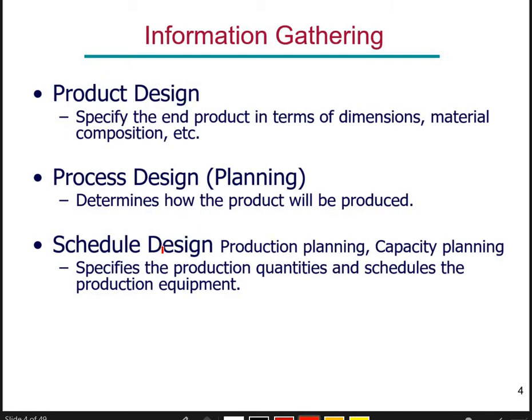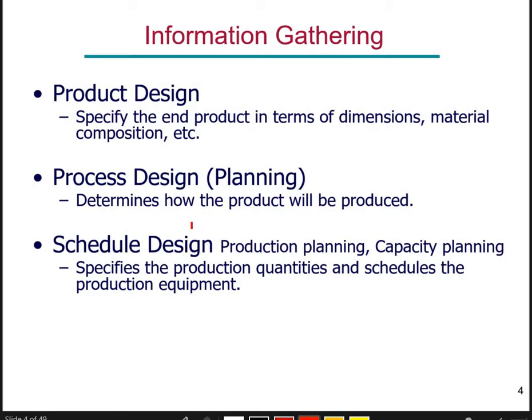these product, process, and schedule designs are actually necessary operations for a healthy manufacturing system. They are not only necessary for facilities design, they are necessary for making this production. But we will be approaching these product, process, and schedule designs from the viewpoint of a facilities designer.